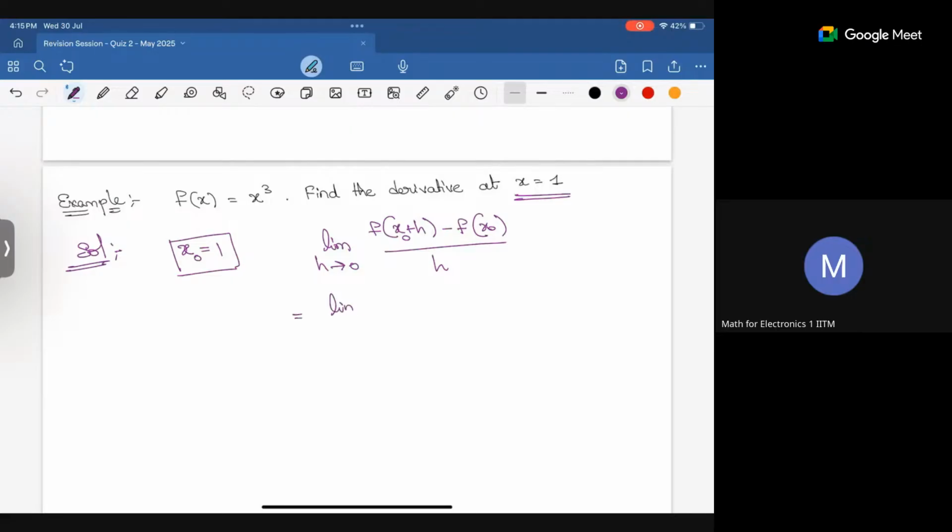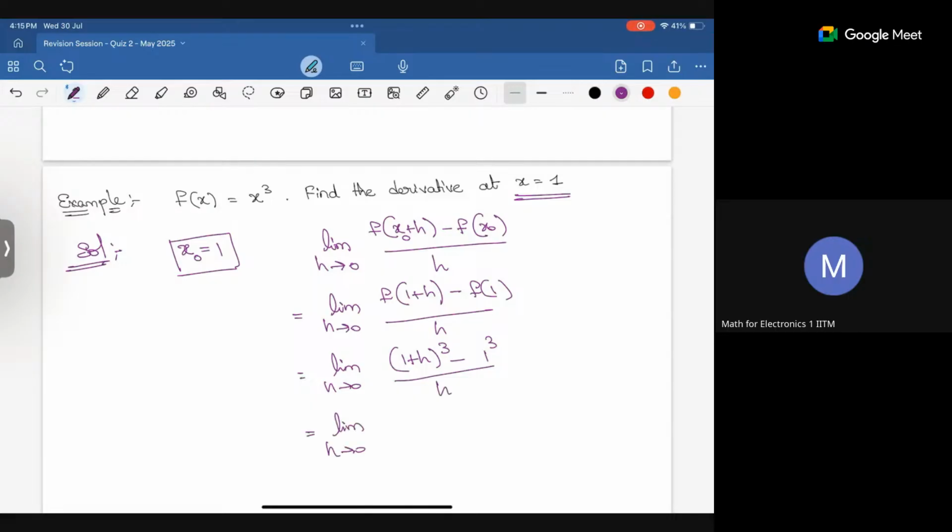Now f of x naught plus h is nothing but f of 1 plus h, minus f of 1, divided by h. This will be the limit as h tends to 0. f of x is x cube, so f of 1 plus h will be 1 plus h whole cube, minus f of 1, which is 1 cube, divided by h.